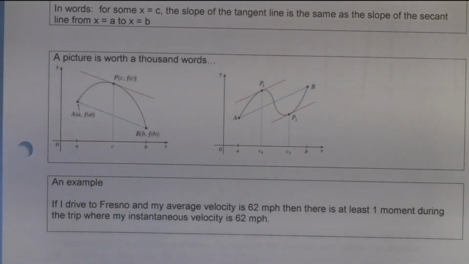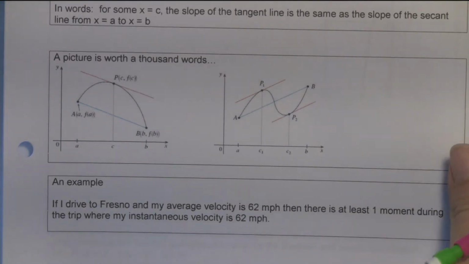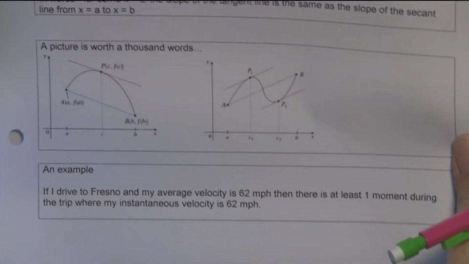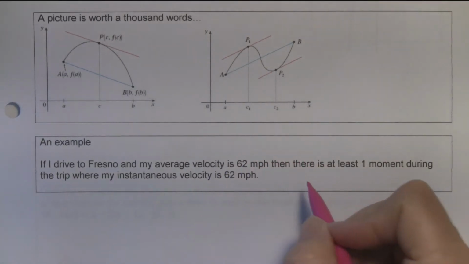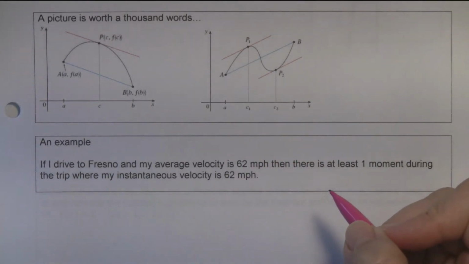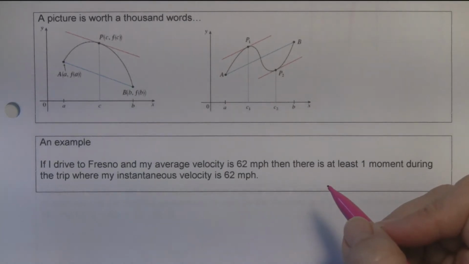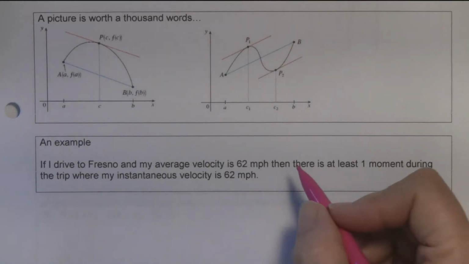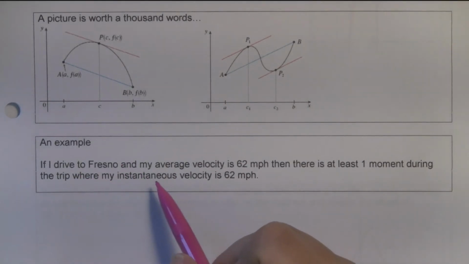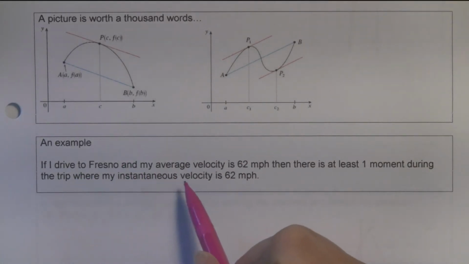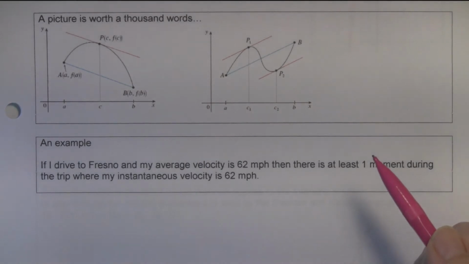There's two places. There could be more than that. And if you think about it with a driving example, if you drive to Fresno, and your average velocity is 62 miles per hour, so that's what you averaged on the way to Fresno, there would be at least one moment during your journey that your instantaneous velocity is 62 miles an hour.